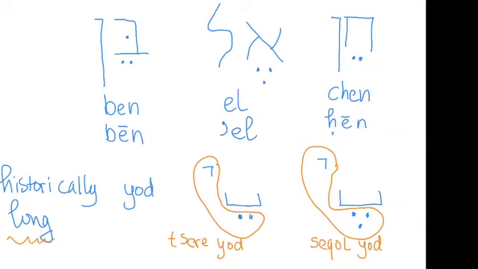In some cases, the Segol is also connected with the Yud. I'm not sure of any examples, but we will find them while we study. But in the book it says the Tsereyut and the Segolyut make the E sound longer.